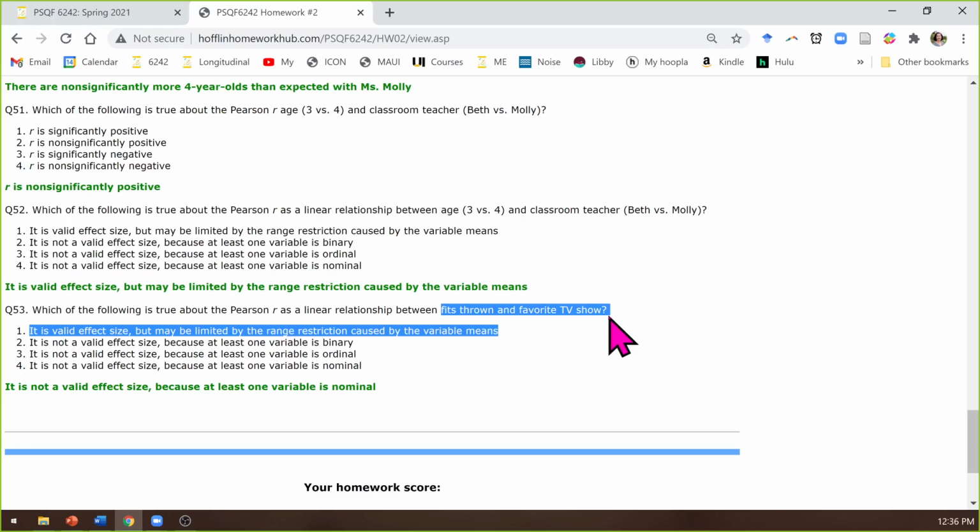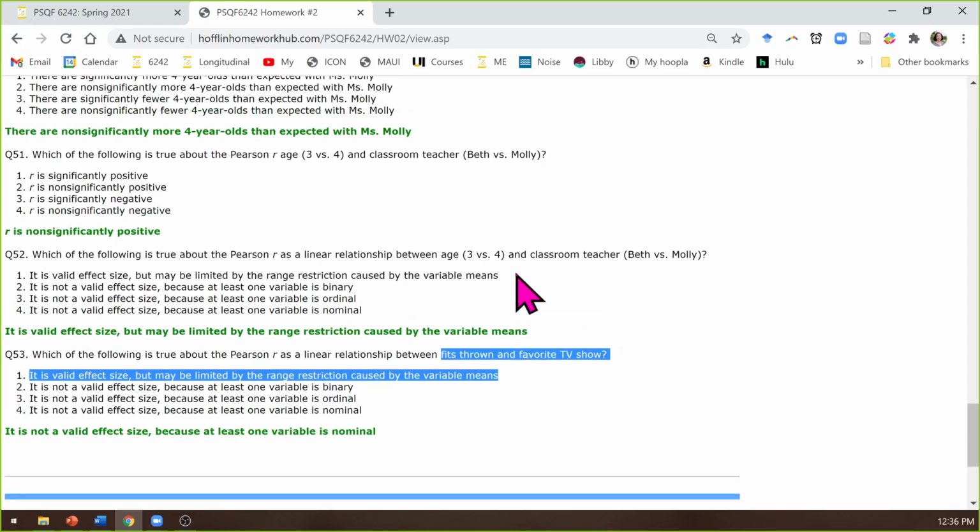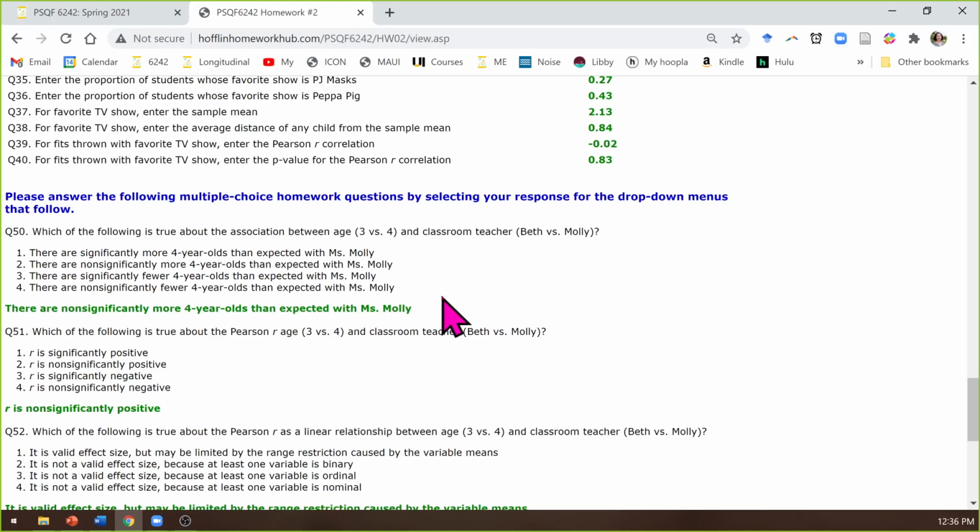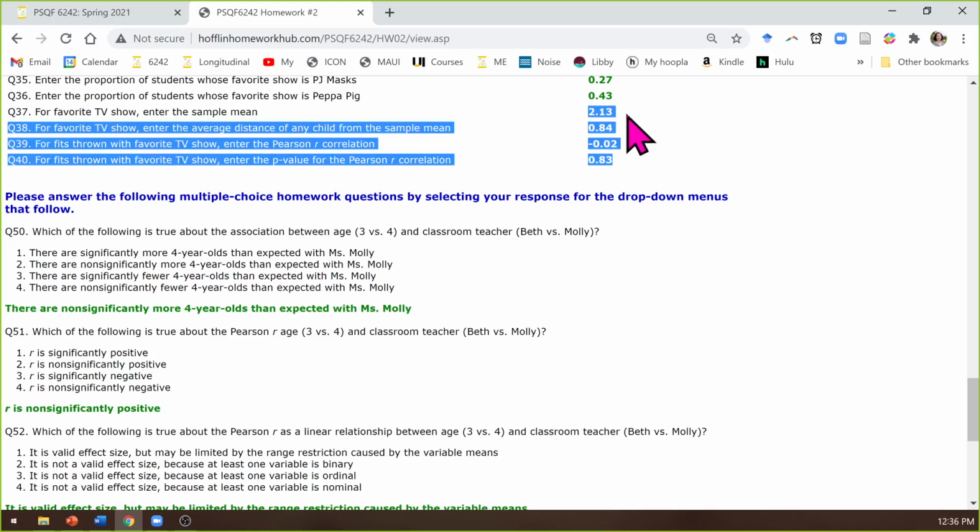So everything else that I asked you to do is valid, so to speak, with the exception of these last questions here, for instance, for favorite TV show, enter the mean. That makes 0 sense. I wanted you to look at it and think about it when you're computing these things, and realize that SAS and Stata will be happy to do things for you that make 0 sense.